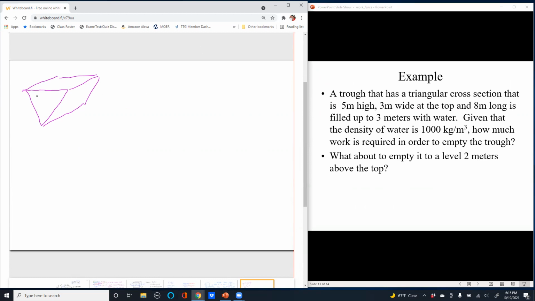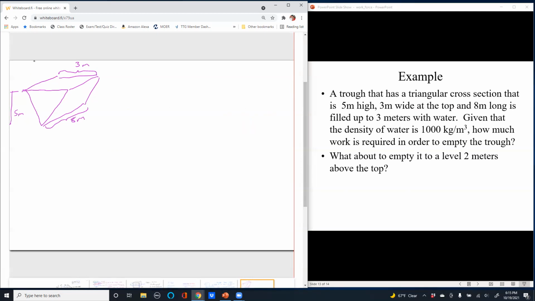And it is 5 meters high. It is 3 meters wide at the top. So let's put this back here so it's out of our way. And it is 8 meters long. Distance there. All right. This one is filled up to 3 meters with water.